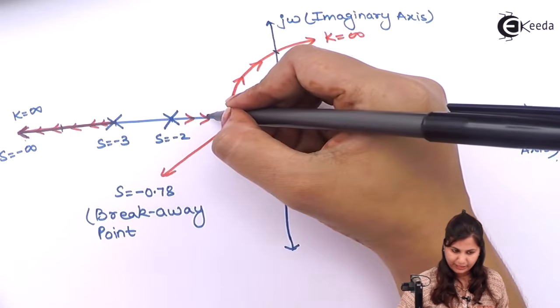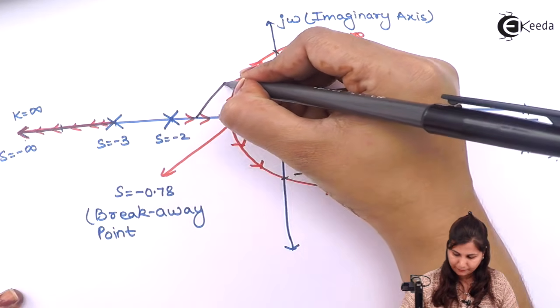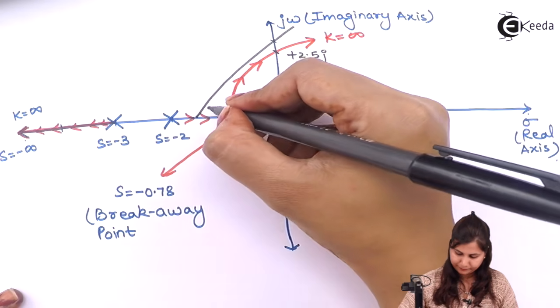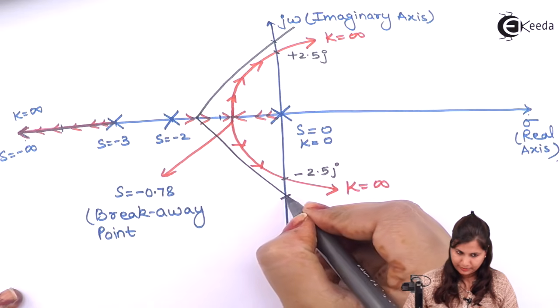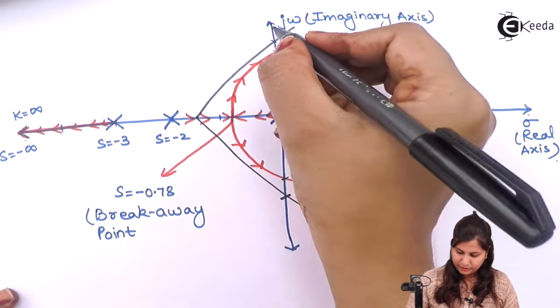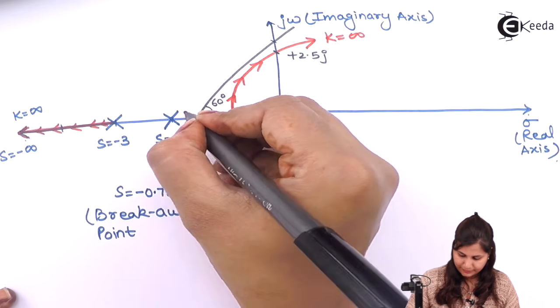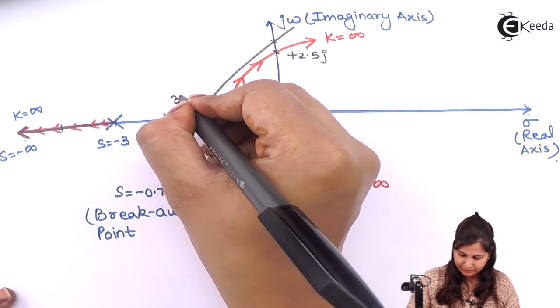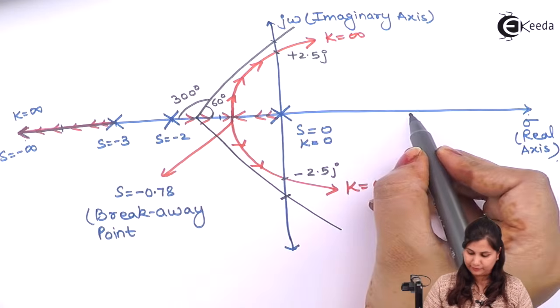So from here we are having the asymptotes. This asymptote is making an angle of 60 degrees, this is making an angle of 300 degrees, and one is 180 degrees, that is this asymptote.